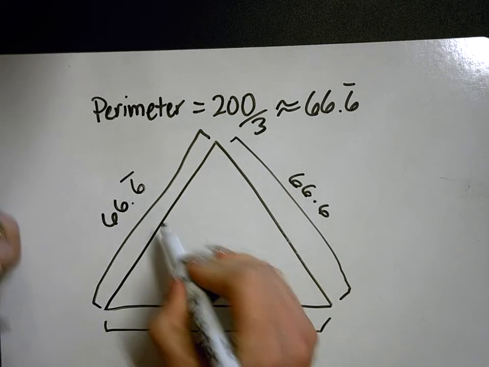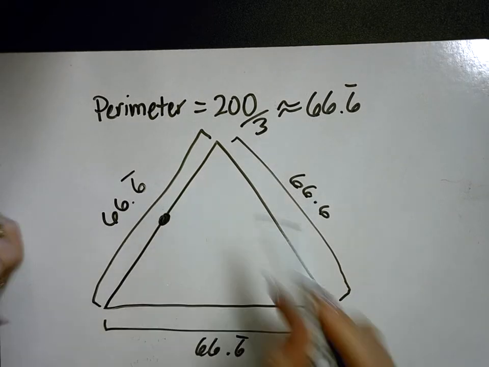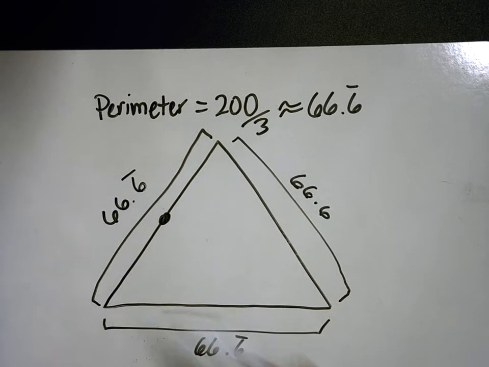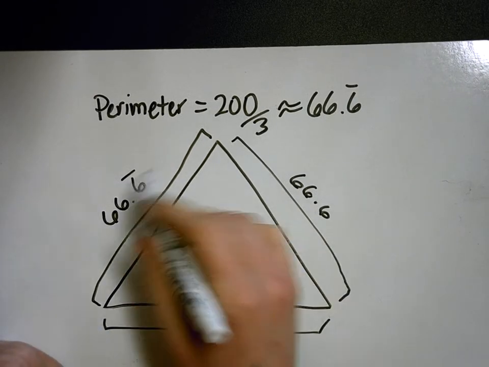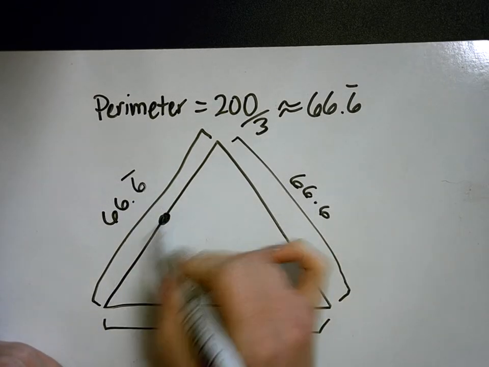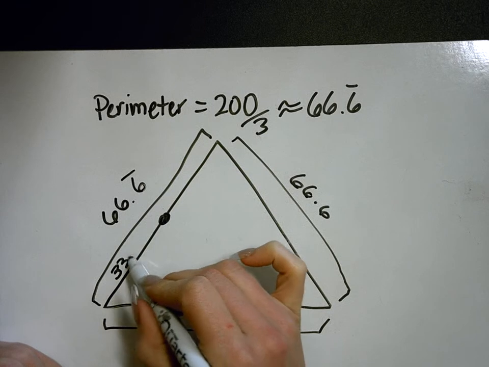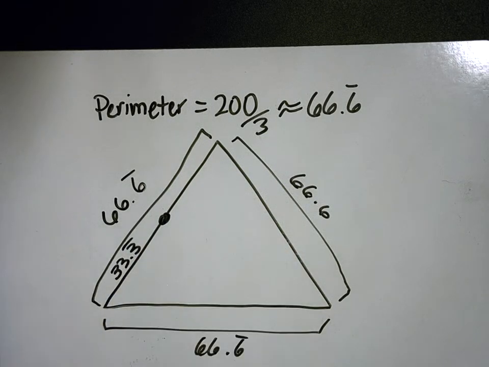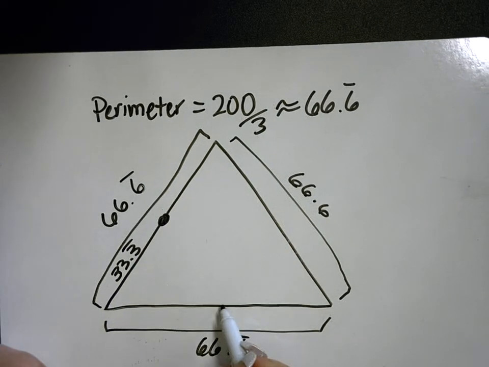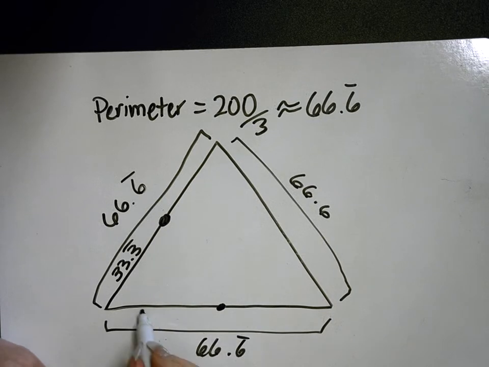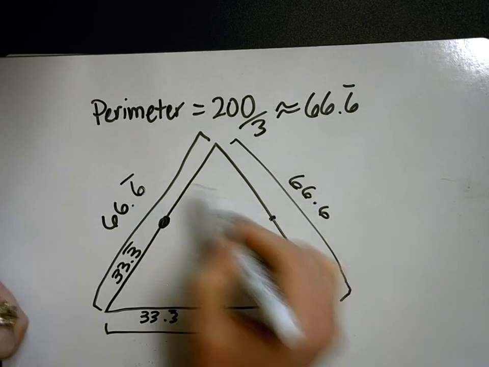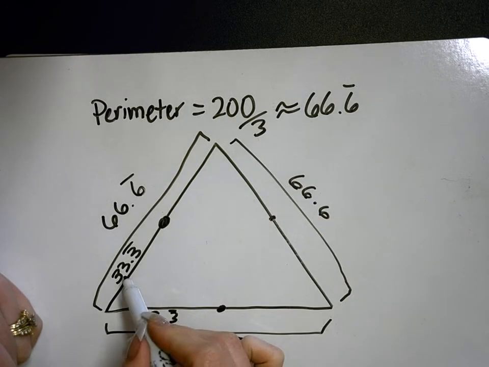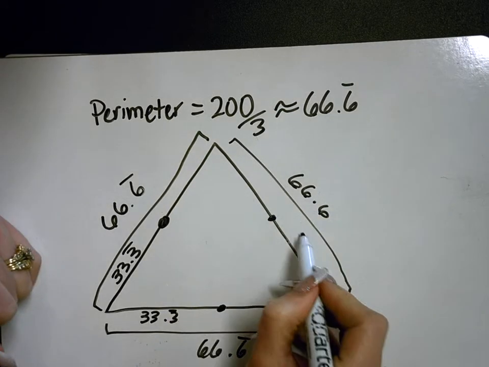Now, when we mark the midpoints of each segment, what happens is we cut that 66.6 in half. So from here to here, this is 33.3 repeating. And the same is true here. We cut this in half, we have 33.3 repeating, and when we cut this in half, each side is 33.3 repeating.